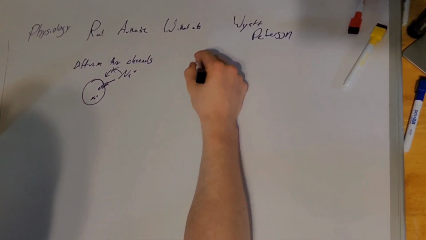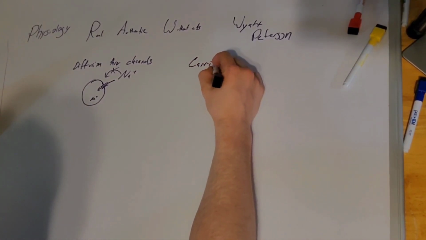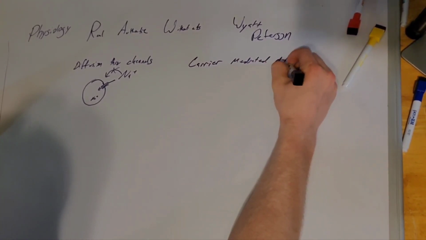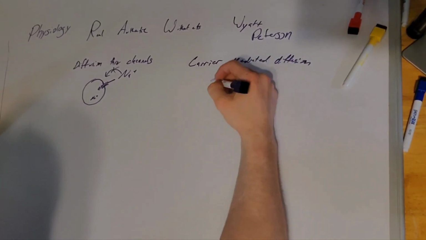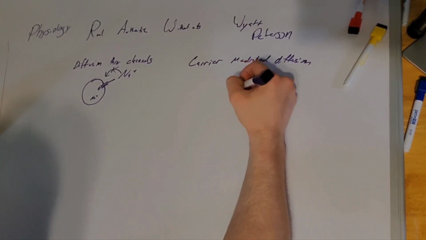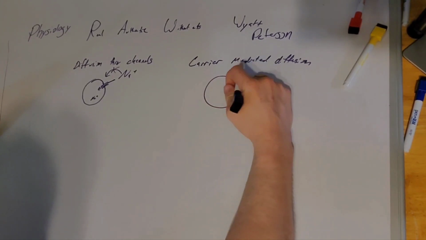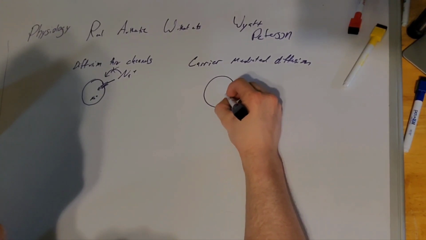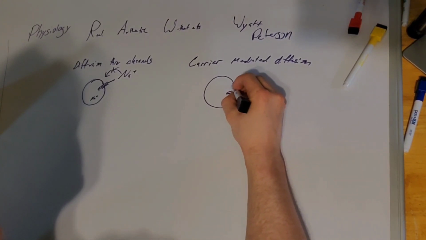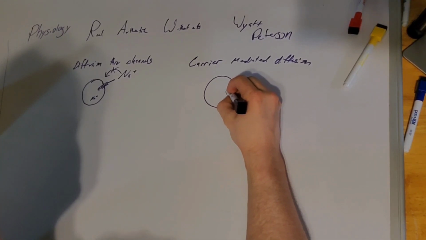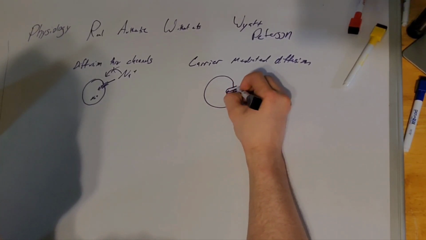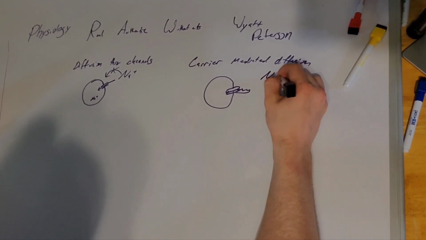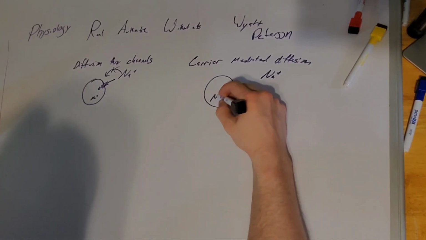Then we got carrier mediated diffusion. So we got another cell here. Then we're going to put a little protein right here. But this one's going to be a little different because it's usually going to be closed. Okay, there's a big old protein right here. So now Na is big out here, or I guess it doesn't really matter, but we'll just stick with sodium.